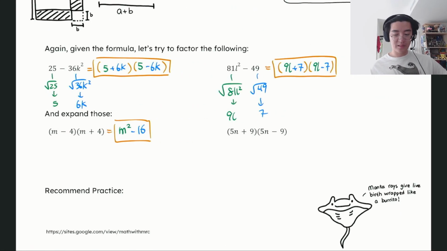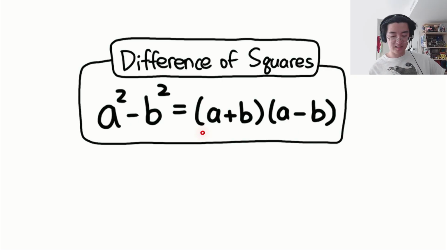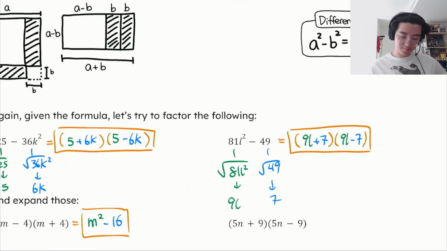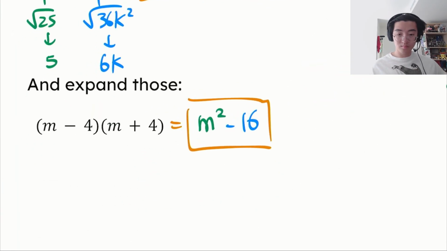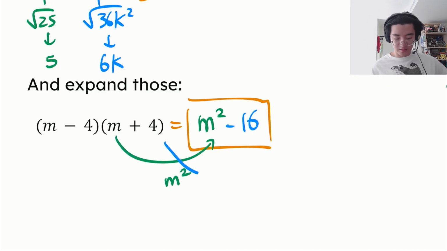Remember, when we go backwards, it's number plus number times number minus number. The result is the square of the first number minus the square of the second number. So this is just m squared, and this right here is just 4 squared.